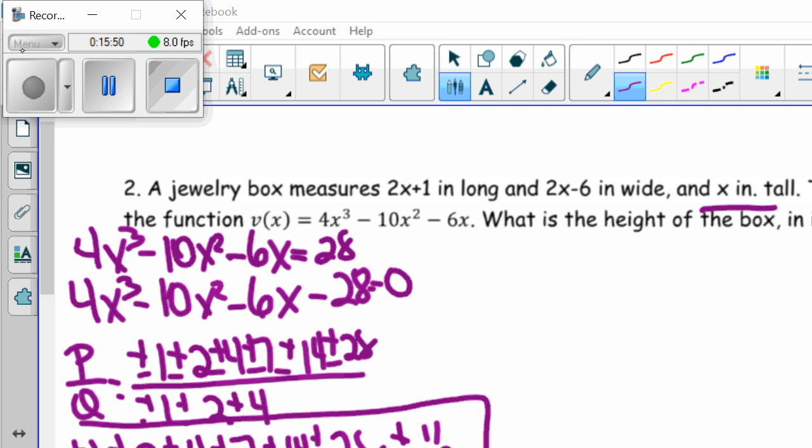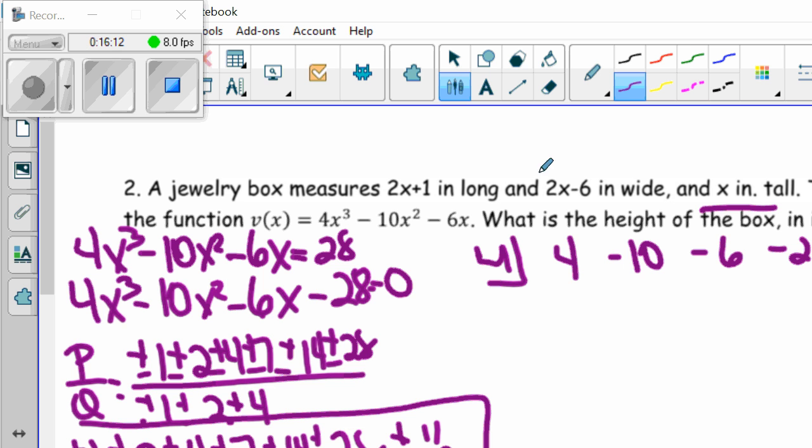Okay, so I'm going to go kind of middle of the road, and I'm going to go with a positive 4. And again, x is representing a height here, right? So I'm probably not going to pick a negative because no negatives here. So I'm going to put 4 in my box, my coefficients, 4, negative 10, negative 6, negative 28. See if it works. Again, this is trial and error.